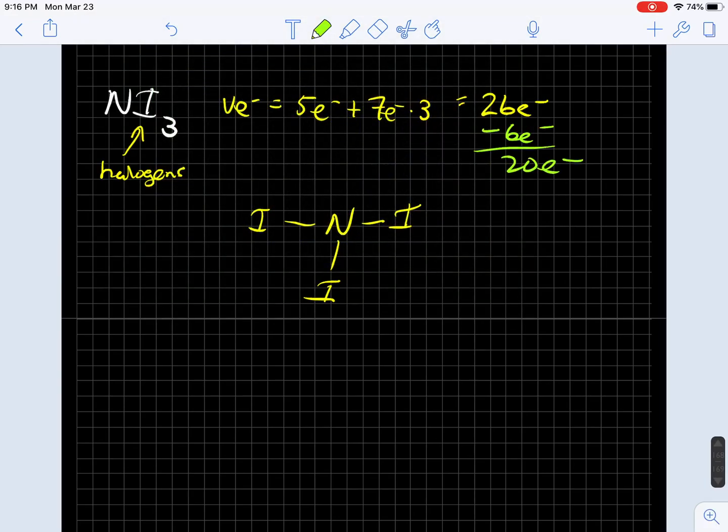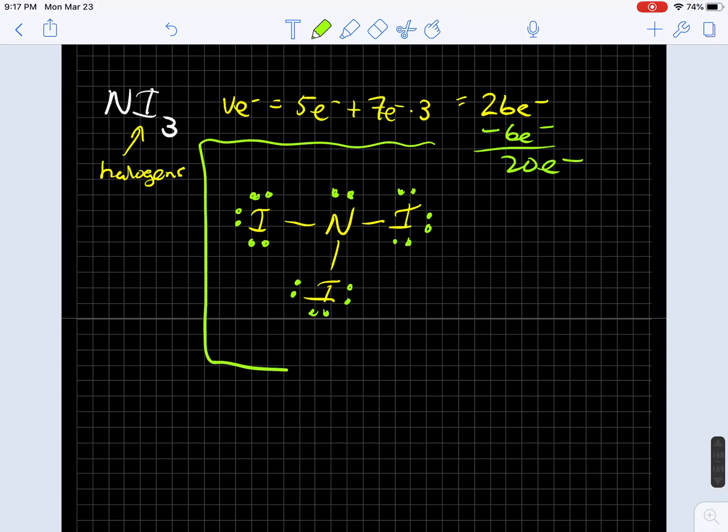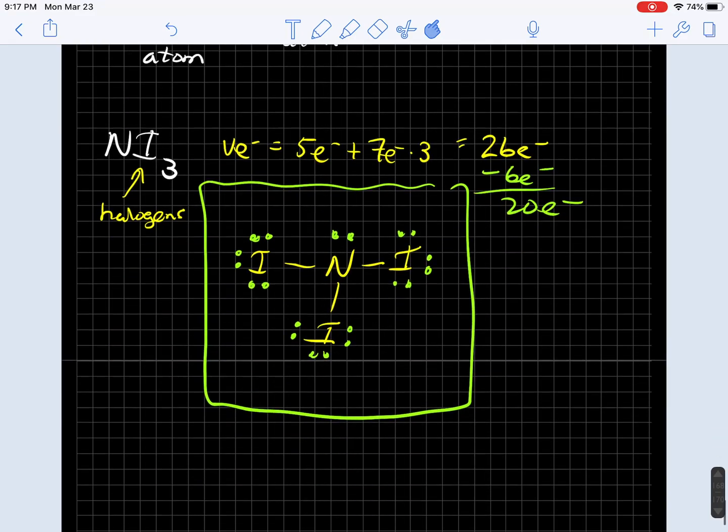That is going to use up 6 of my valence electrons and leave me 20 to complete my octets. Each iodine needs 6 more electrons, so that's going to use up 18 of the 20. And then the last 2 I can put on the nitrogen to complete the octet. So there's my completed Lewis structure.